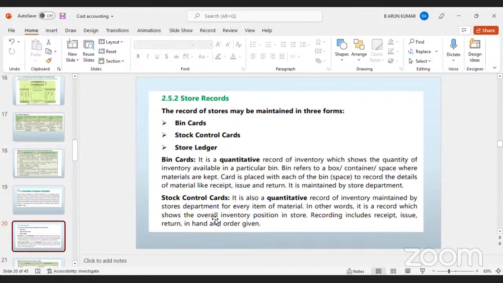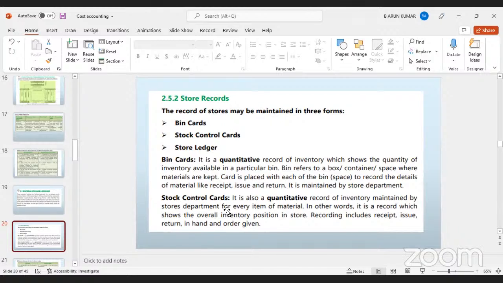So the details are maintained in this bin card. The second one is stock control cards. It is also a quantitative record of inventory maintained by the stores department for every item of material. In other words, it is a record which shows the overall inventory position in the store. Recording includes receipts, issues, returns, balance in hand, and others. In the bin card, each item is put in a separate box.